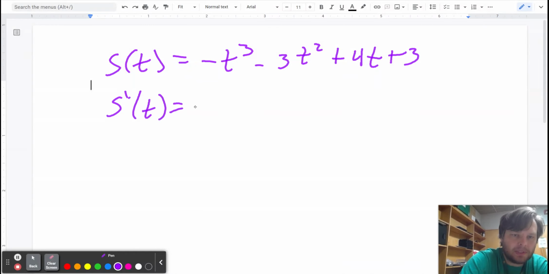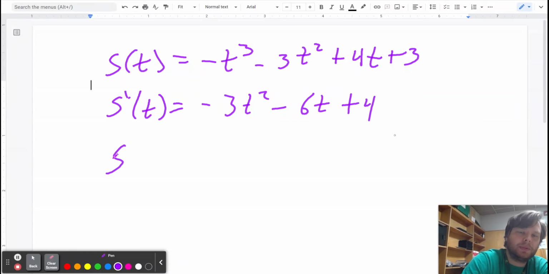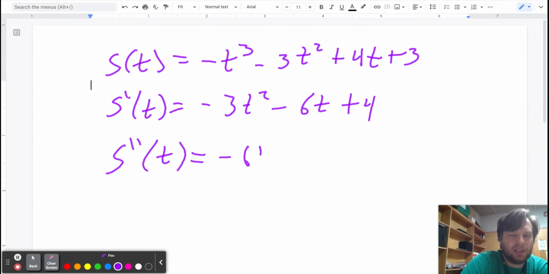So s prime of t is negative 3t squared minus 6t plus 4. S double prime of t is negative 6t minus 6. So we want to describe the motion of the particle here.